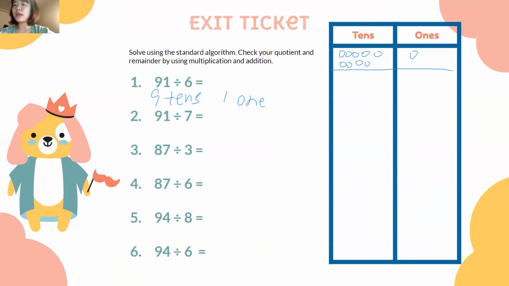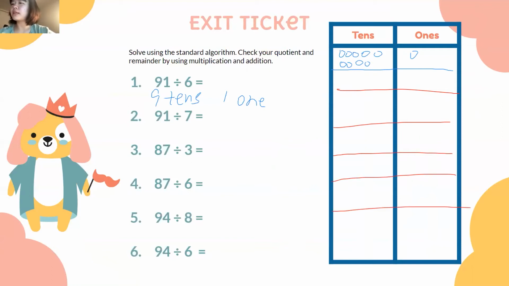Okay, and we're breaking into 6 groups, and I'm going to draw 6 groups underneath it. So 1, 2, 3, 4, 5, 6. So this is first, second, third, fourth, fifth, and sixth.